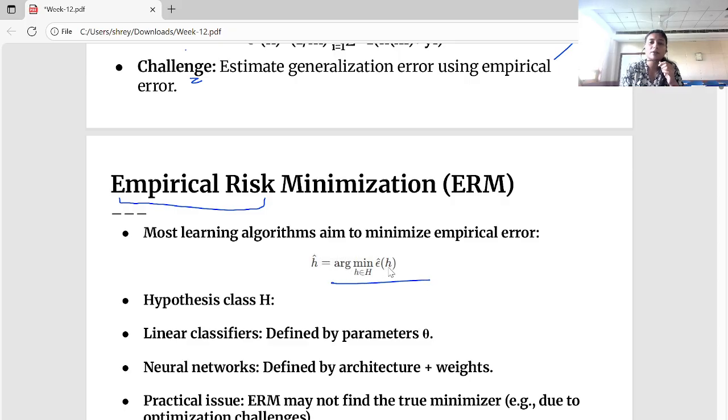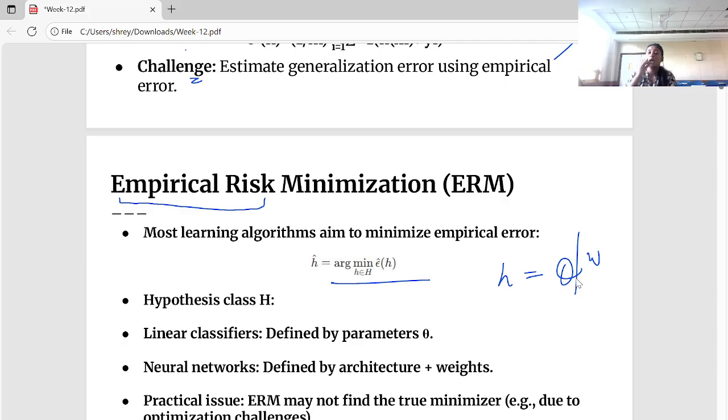Argmin, where you have applied this, you can treat this h as theta, right? We want to optimize those thetas or weights using some optimization algorithm, and that minimization is also called empirical risk minimization. Generally we do that. It's not a big issue, but now we have to theoretically prove how this formulation is good for us, and that it can lead to the minimization of generalization error as well.